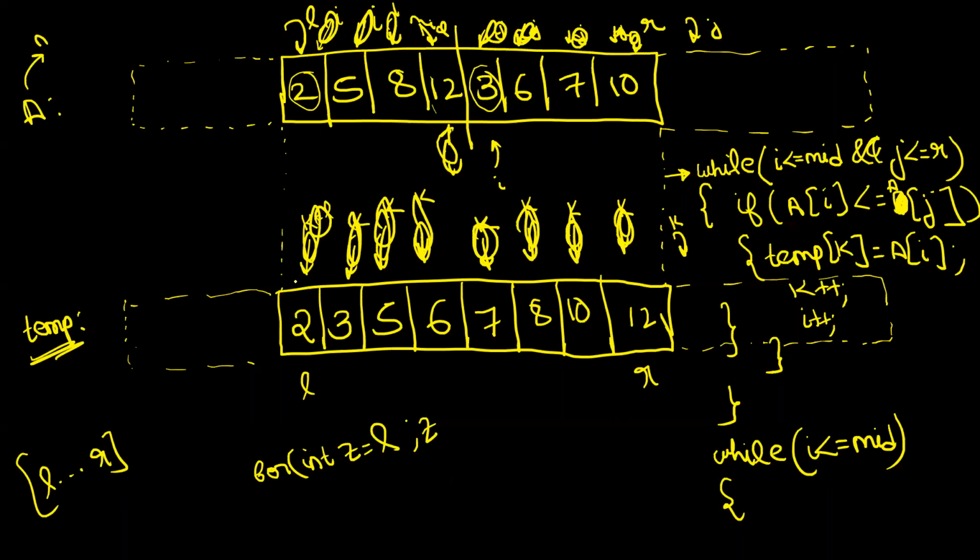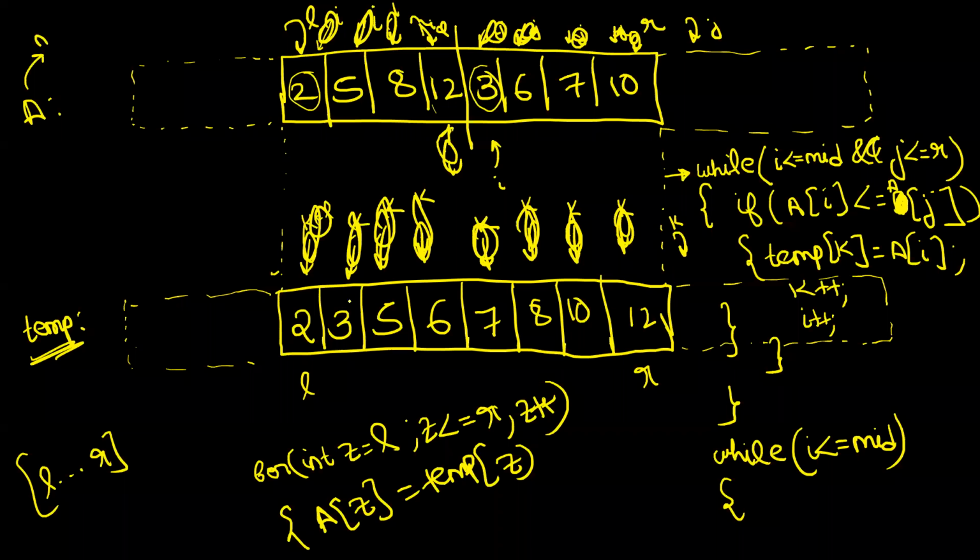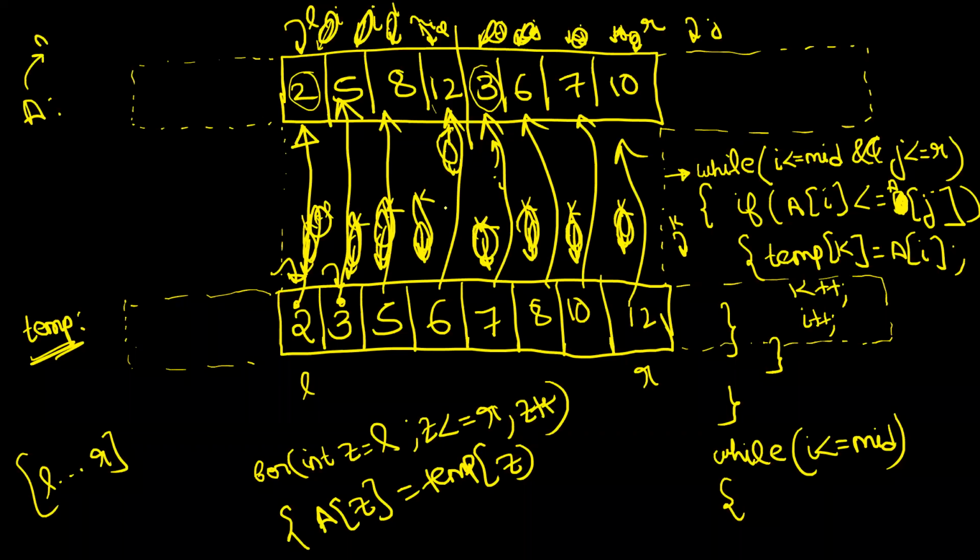The boss, I iterate, I come to index L. I copy the element from here into array A, index L. I come to here, copy the element from here back into array A. So do you agree what will happen? Inside array A, all the elements from index L till index R will be sorted. Do you guys understand this part, what I'm trying to say? I'll write the code, it will become more clear.